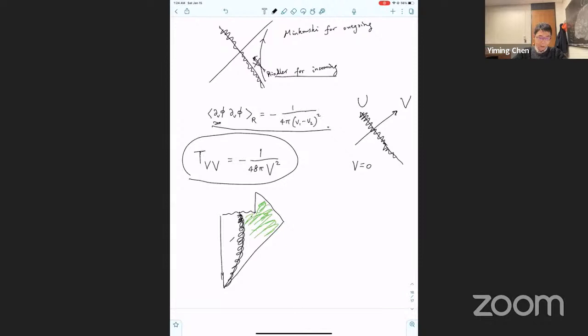What happens is that the would-be singular past horizon will always be hidden behind the collapsing matter shell. And in a real-life black hole geometry that is formed from collapse, there's no singular stress tensor whatsoever.